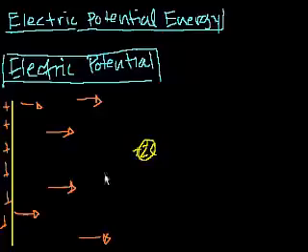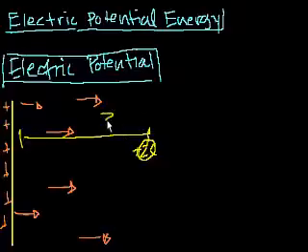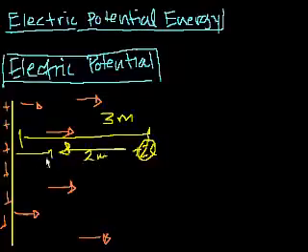A positive 2 coulomb charge, and it starts off, let's say, 3 meters away, and I want to bring it in 2 meters, so it's 1 meter away. So what is the electric or electrical potential energy difference between the particle at this point and at this point?